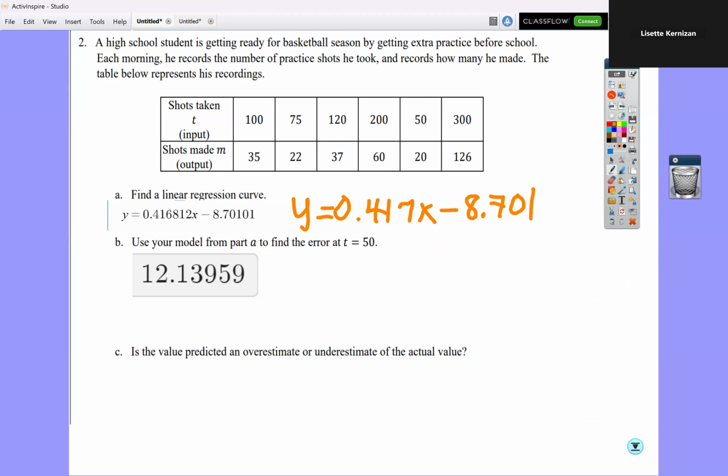And same thing for the error model here. We ended up with 12.139. I'm going to simplify that to 12.14. And I'm rounding. That should be 140, sorry.